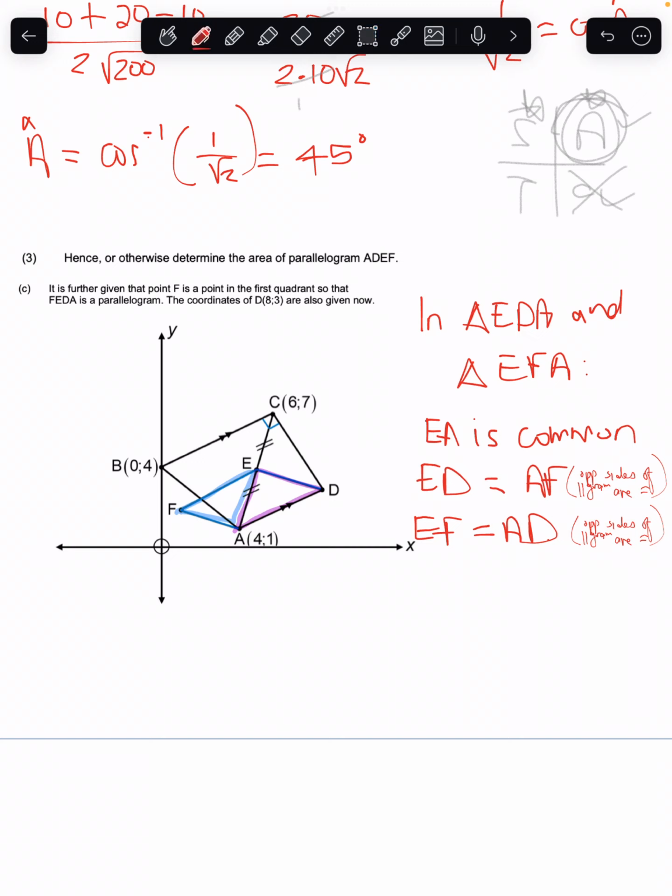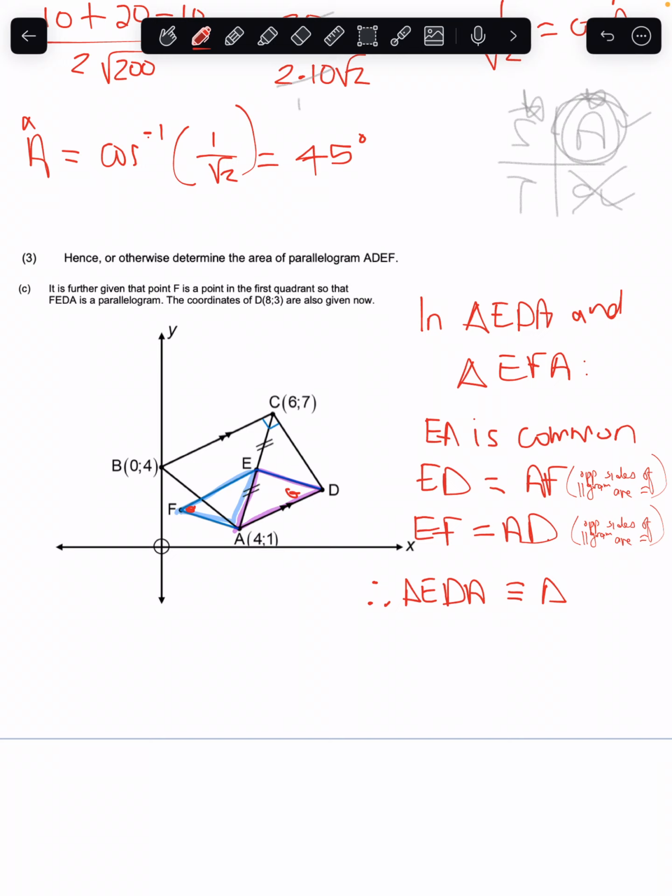Okay, and so what does that tell us? That tells us that triangle EDA is congruent to triangle. Now we need to match up the angles. So this angle is equal to this angle. No, it's not.